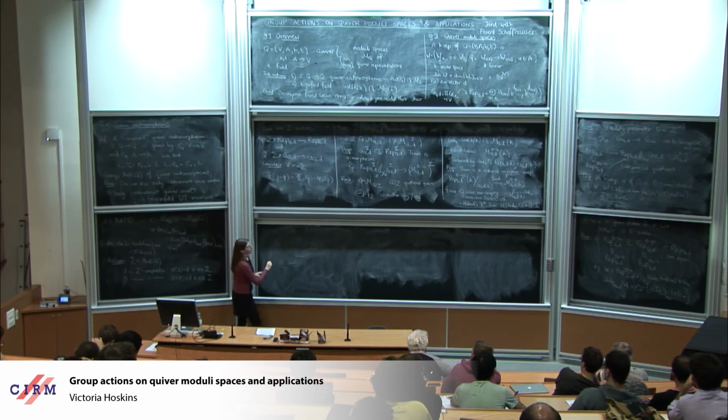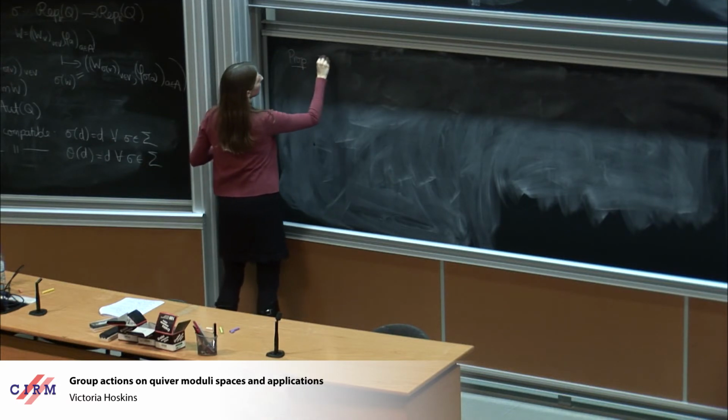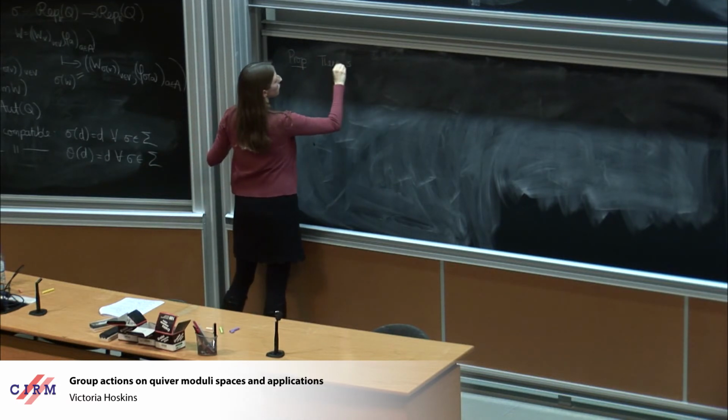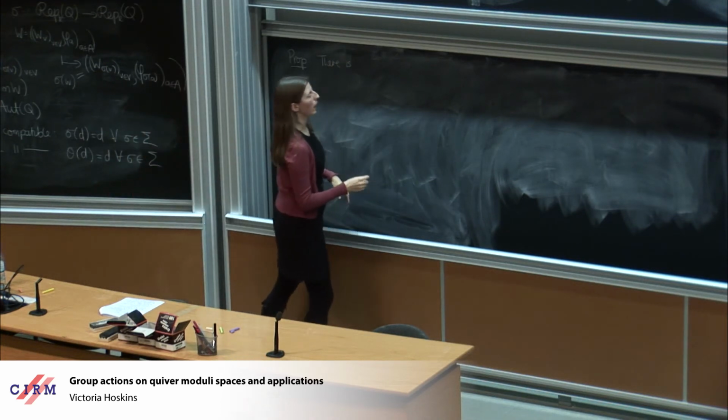So to understand the points which don't come from K representations, we introduce a type map, which sort of classifies the different points in our moduli space.